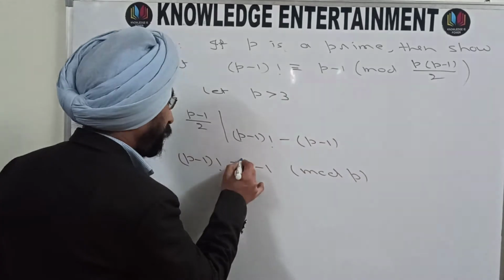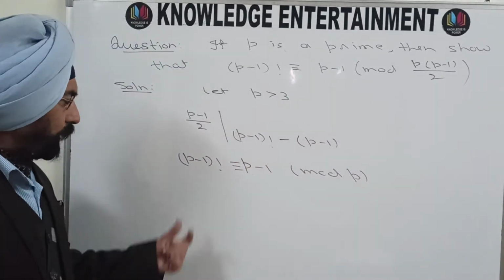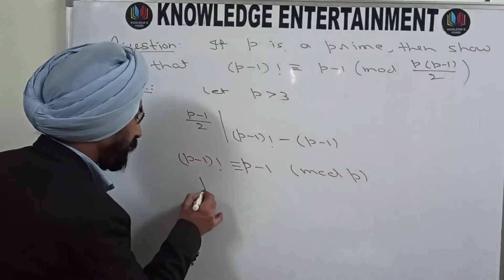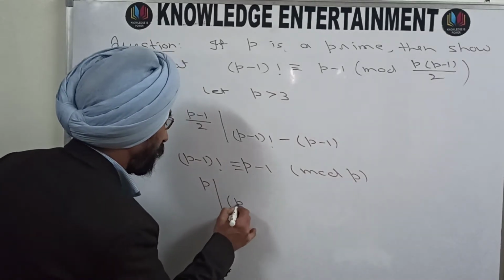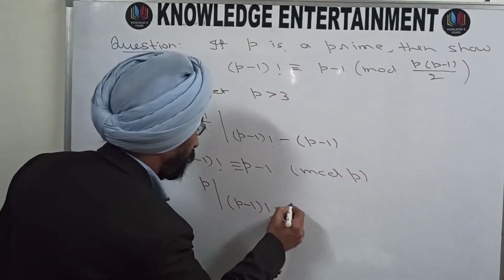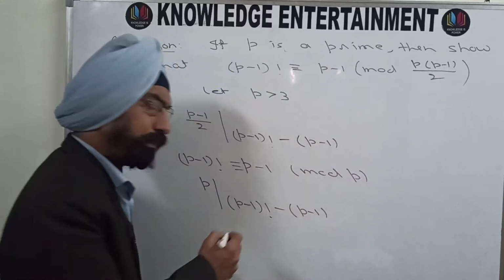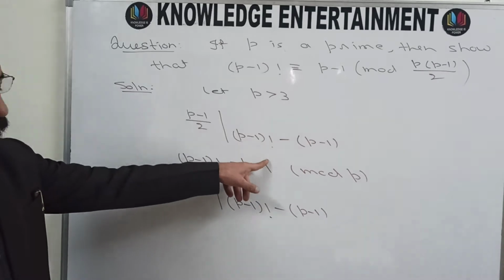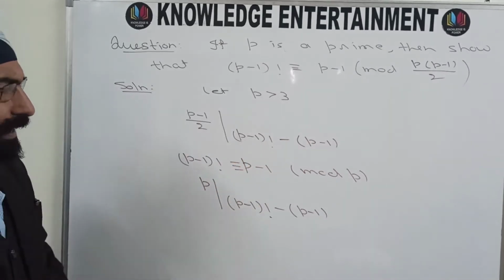I am going to add one P. So (P minus 1) factorial is congruent to P minus 1 modulo P, and that means P divides (P minus 1) factorial minus (P minus 1).